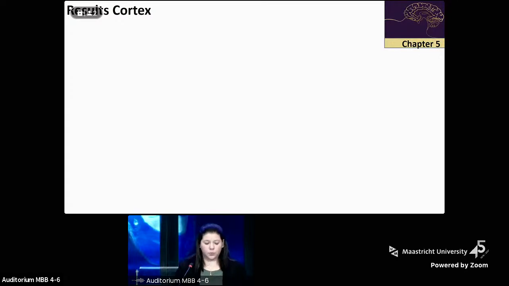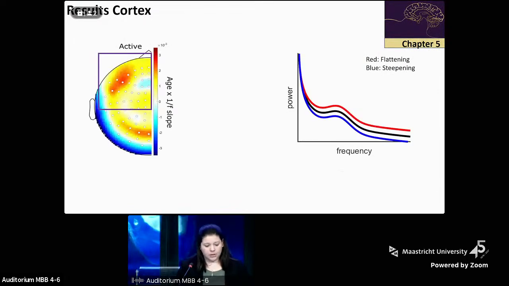Next, because our results were obtained in the STN in patients, we also looked at a healthy population. What we found is that there is a difference between active and rest. In active patients, there is this flattening of the 1/f slope, as has been shown in the literature.